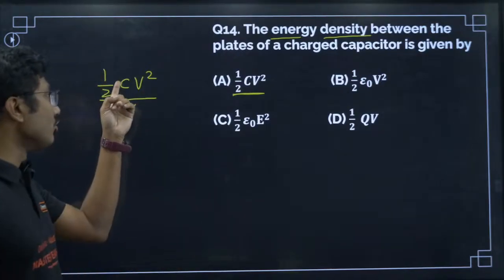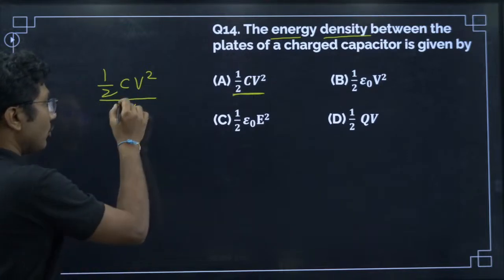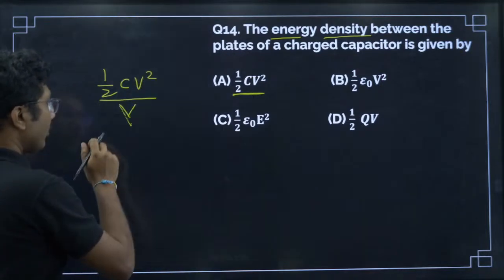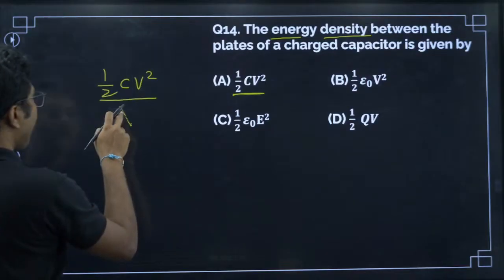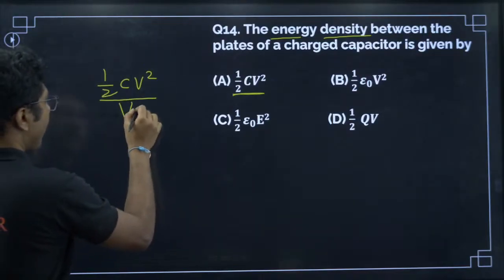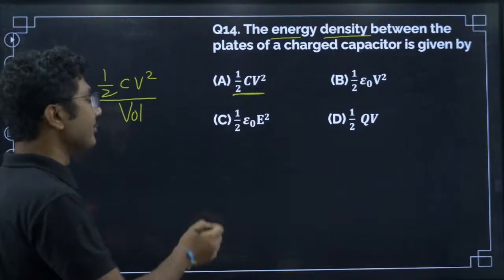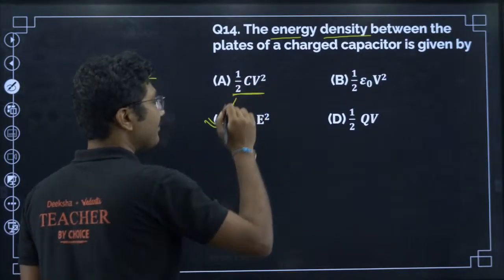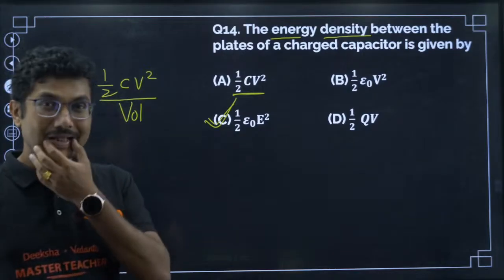Now if you put the value of C and the value of the volume, this is not voltage by the way, this is volume, capital V. If you divide it, then you will get the energy density, which comes out to be half epsilon naught E square.